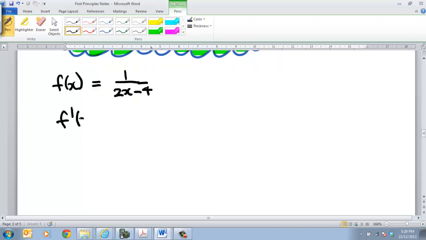So f dashed of x equals the limit as h goes to 0. Now all we're doing, our f of x plus h is going to be 1 over 2x plus h take 4.